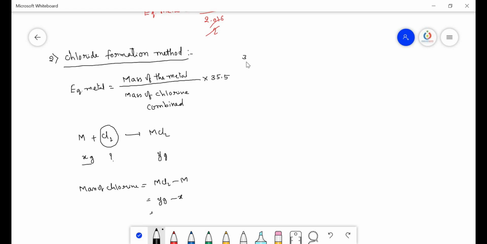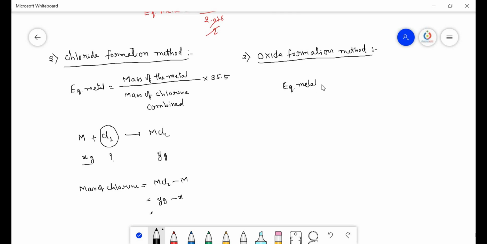Similarly, let us take the oxide formation method. In this oxide formation method also the formulas are similar.